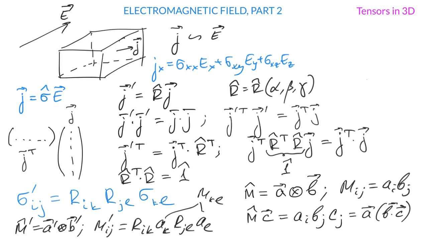Also notice that the R matrix is the same matrix that rotates the radius vector. So by definition, we can write it in the form that contains the derivative of the primed coordinates with respect to the unprimed ones.